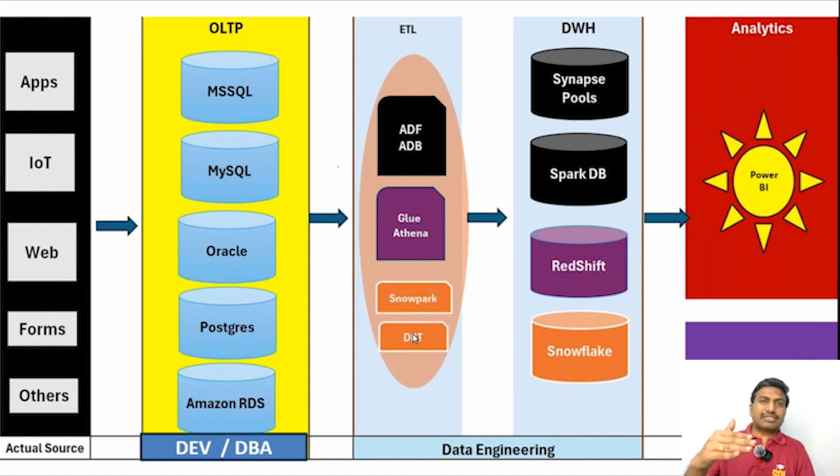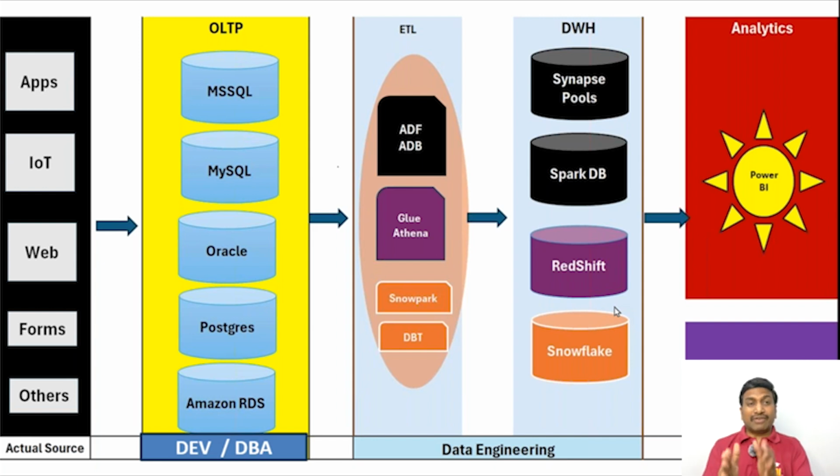So different companies, different ETL technologies, different transport systems. But why? To load the data into the warehouse, the godown. Again, different companies, different brands of godown: Azure Synapse, open source Spark, Amazon Redshift, Snowflake.